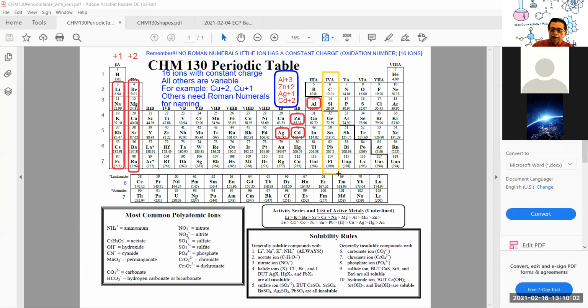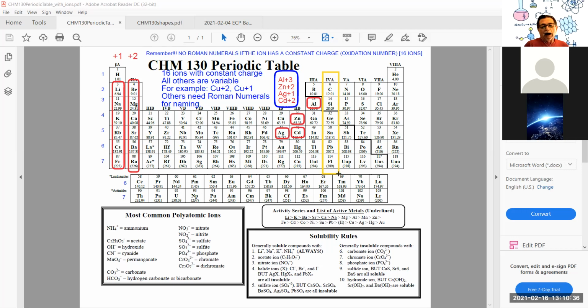Now, by virtue of having 4 electrons and looking at the magical 8, the stable 8, it's half of 8. So what that means is the elements in Group 4A have the capability of either losing all 4 electrons or gaining 4 electrons. From the energy perspective, it's about the same. We either gain 4 or lose 4. It's going to be the same.